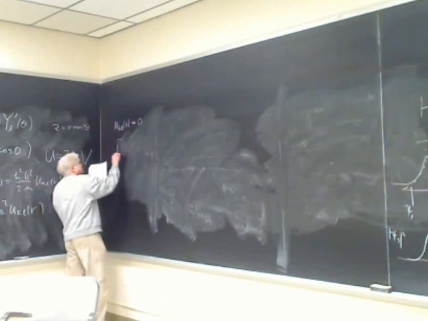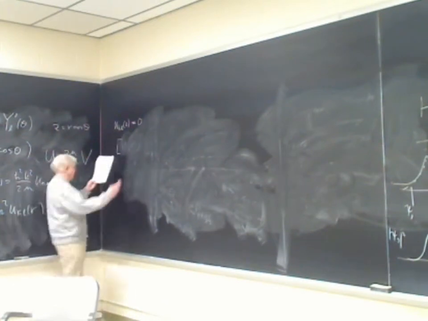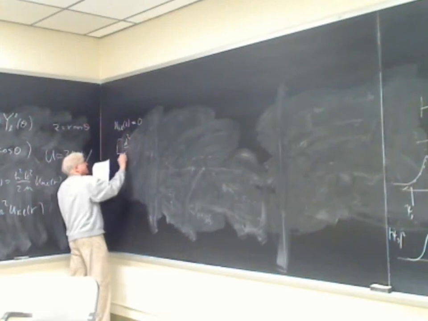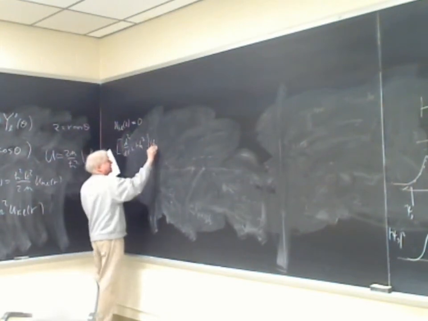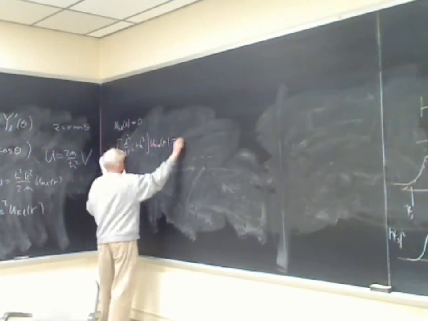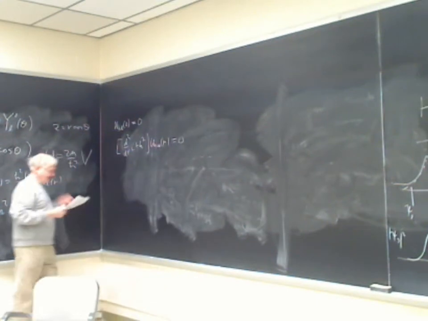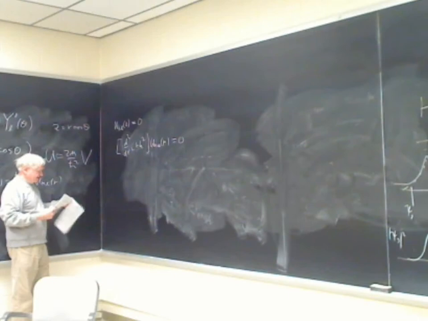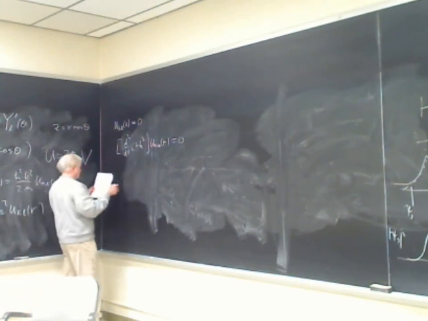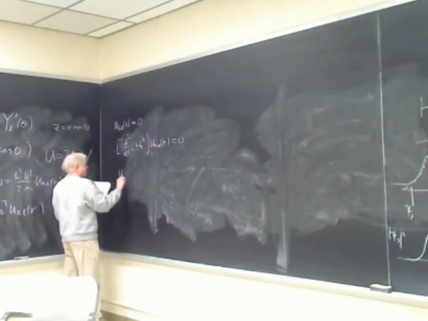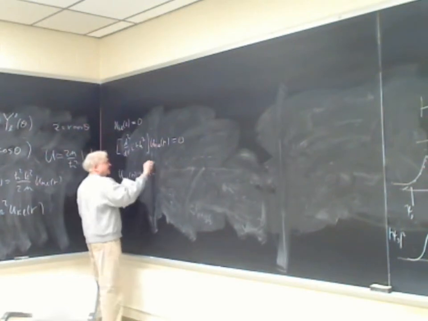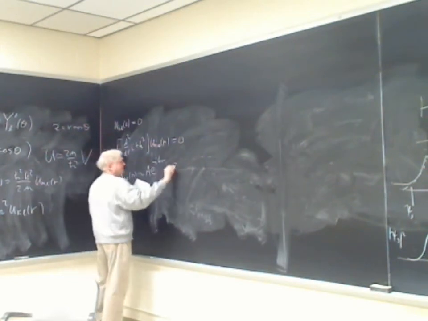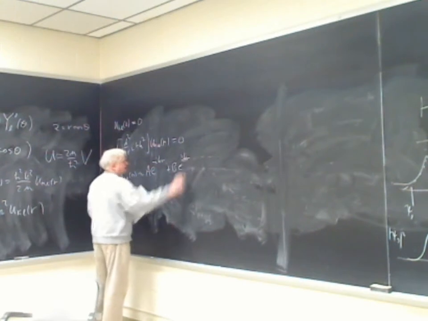At long distances, this equation becomes d2 dr squared plus k squared on u_kL of r is 0. So that's the asymptotic behavior. And so u is a linear combination of, say, A e to the minus i kr plus B e to the i kr.